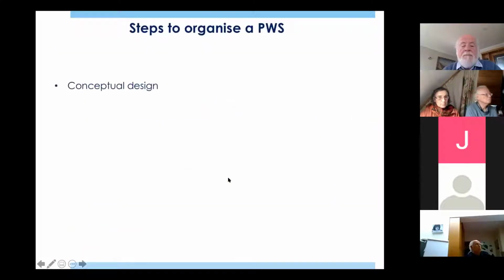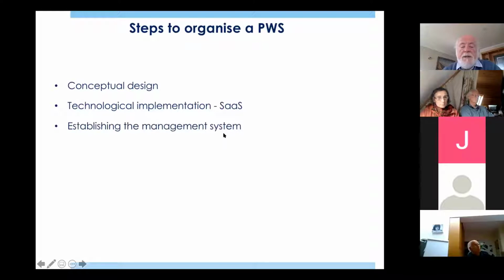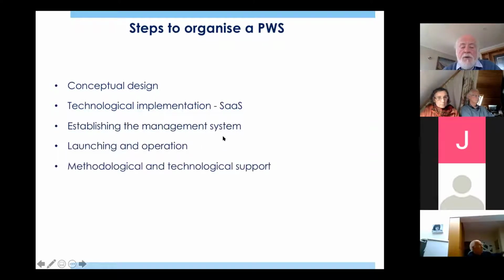How to organize a PWS? There are the following steps: conceptual design with workshop; technological implementation. The platform is software as a service. Establishing the management system, launching an operation, methodological and technological support, and evaluation and design adjustments every year.